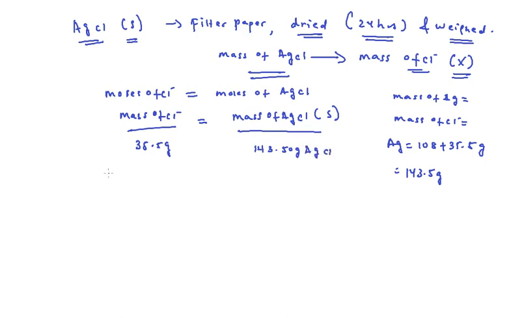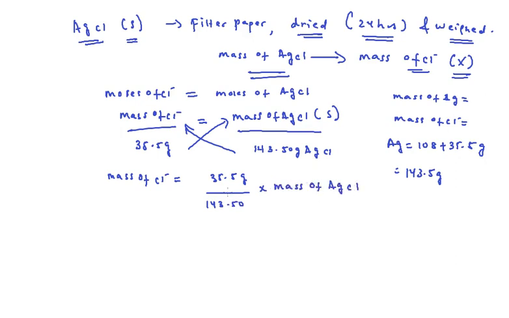Now we're interested in the mass of chlorine. So the mass of chlorine from this value is going to be, when we do the crisscross, the multiplication to get the mass of chlorine, 35.5 grams divided by 143.50 times the mass of silver chloride.